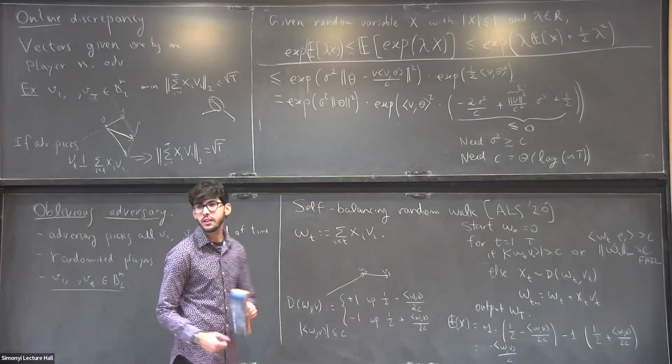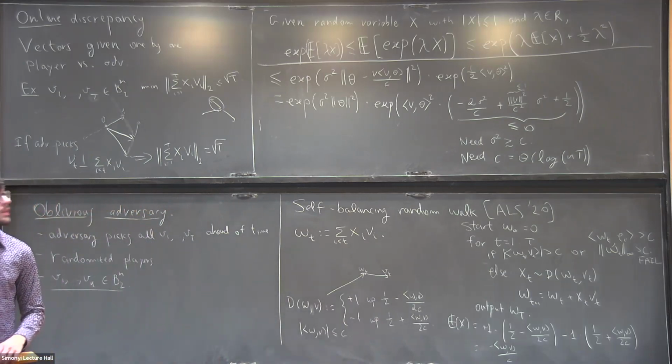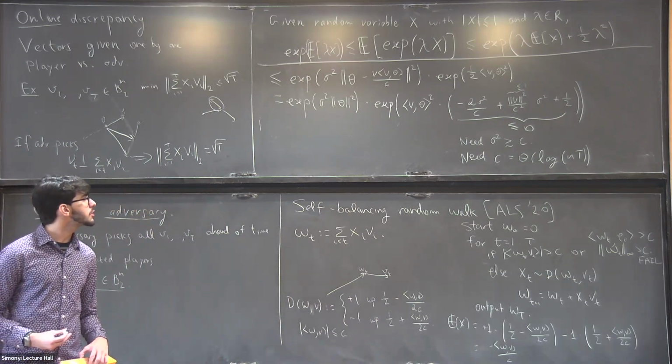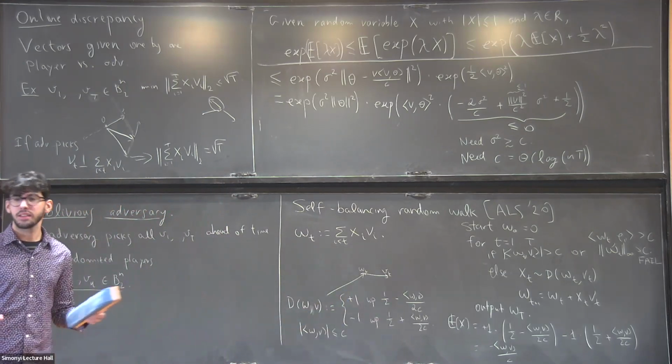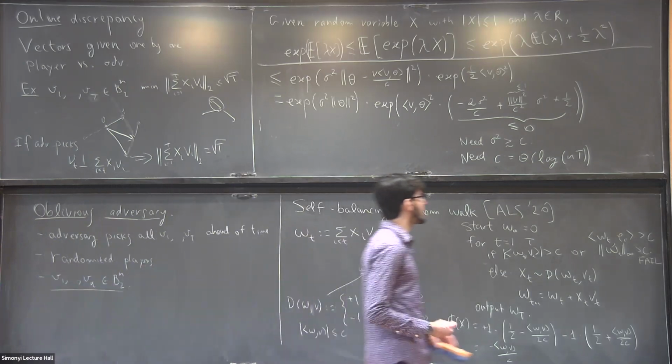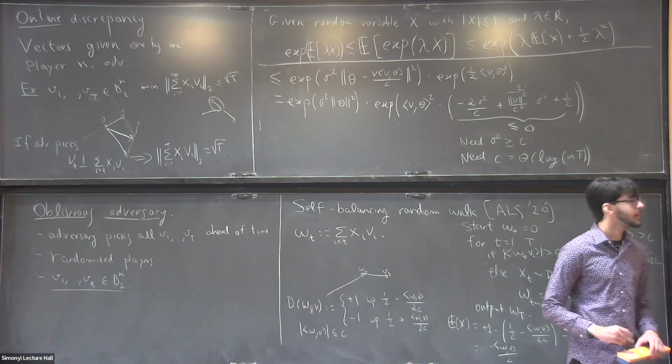What happens if the adversary just chooses V to be perpendicular to W, so like no advantage? Yeah, it can't do that because it's oblivious. If it were adaptive, it would be a random walk, as in each sign is clearly just random.